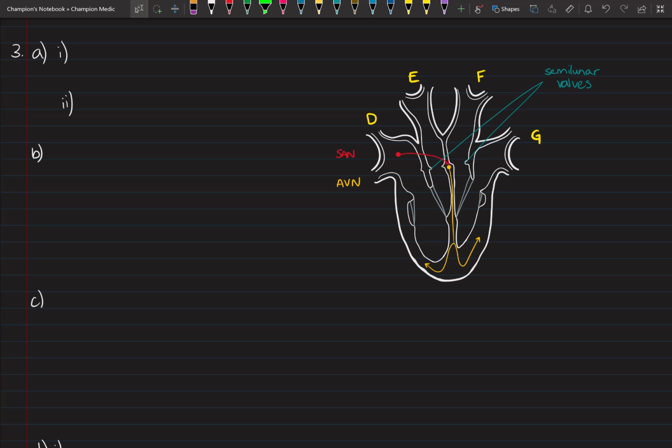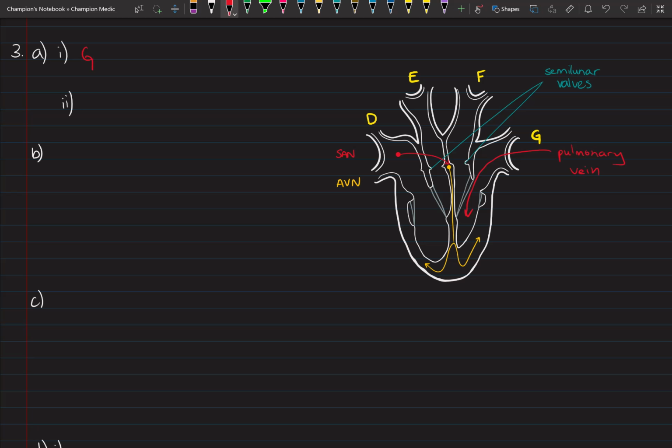If it's oxygenated blood being carried to the heart, it must be coming from the lungs. Therefore, it's the pulmonary vein, and that's G in the diagram, because we know that the pulmonary vein is connected to the left atrium.